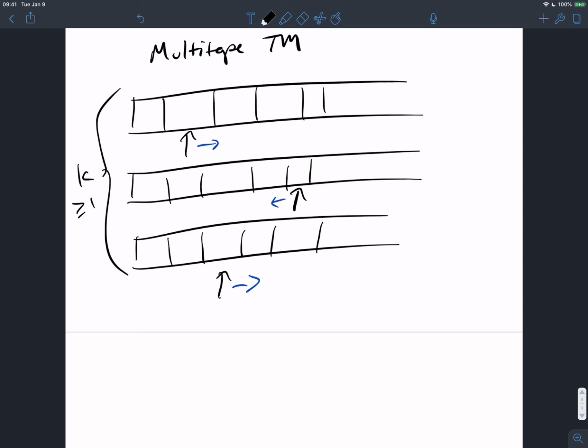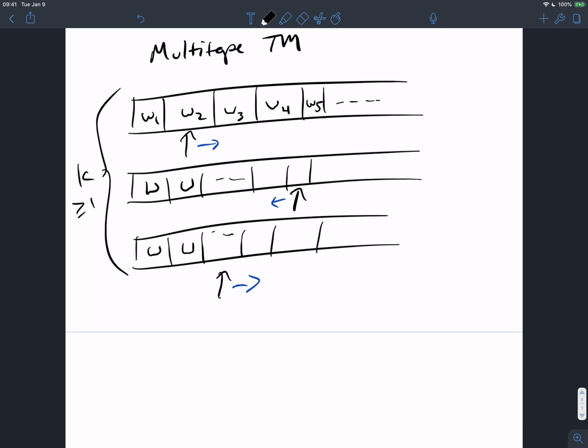The tapes all have the same input on them? Good question. So the way that the multi-tape machines are going to work is the input is going to be only on the first tape, and all of the other tapes are blanked out.